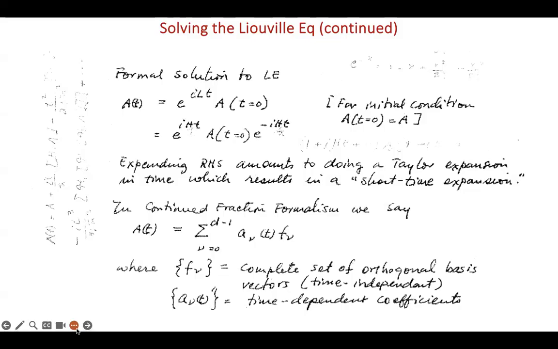But f0, f1, f2, f3 are just plain old basis vectors in this d-dimensional space. And we are interested in making the f's mutually orthogonal. So we have to define what we mean by orthogonality in this space. And this turns out to be one of the big problems that Mori conquered. How to define orthogonality?